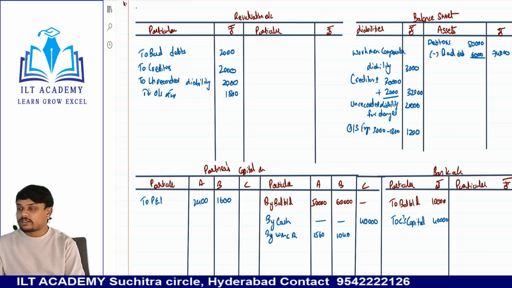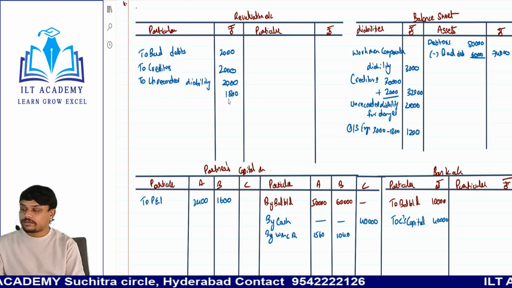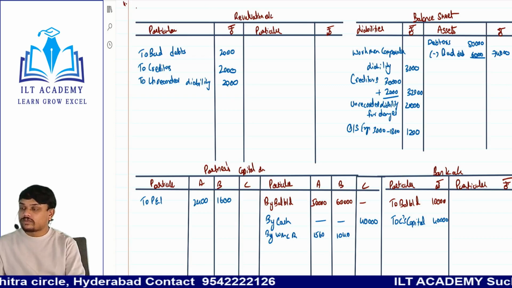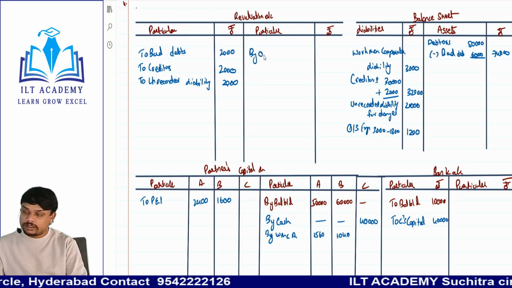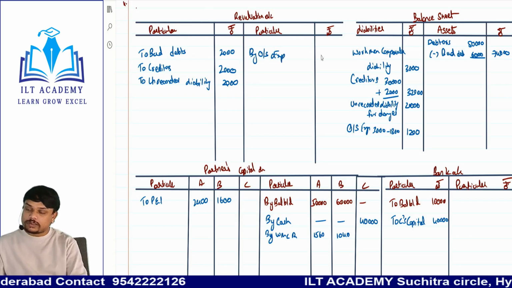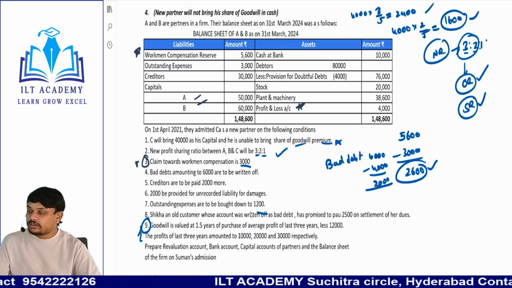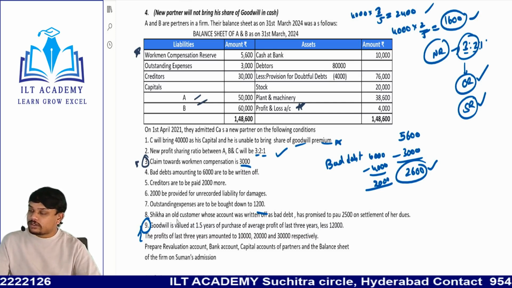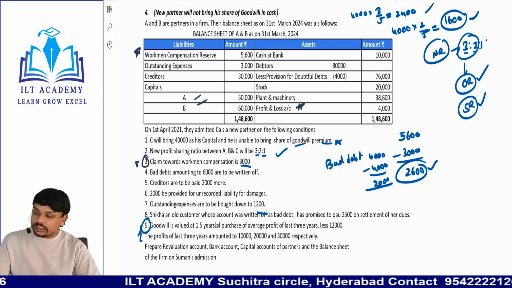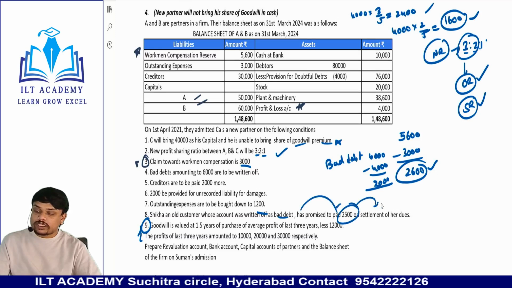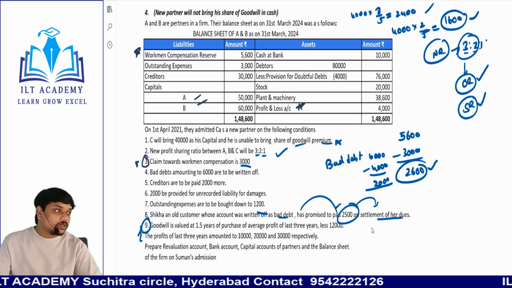Yes, perfect. Next, an old customer whose account was written off as bad debt has promised to pay you how much? 2,500 on settlement of her dues.